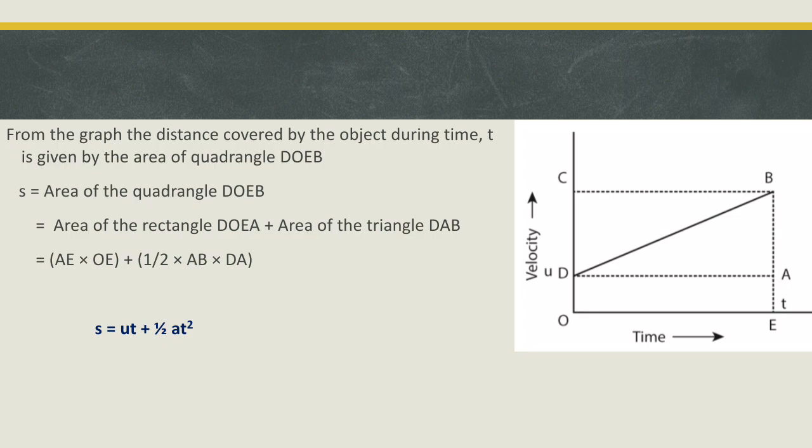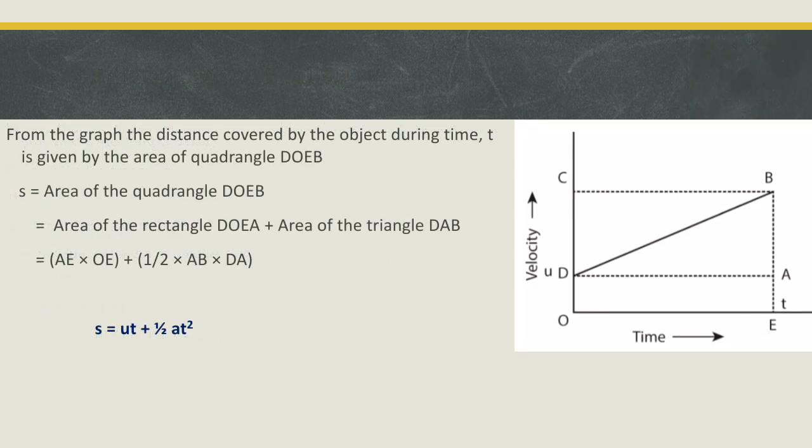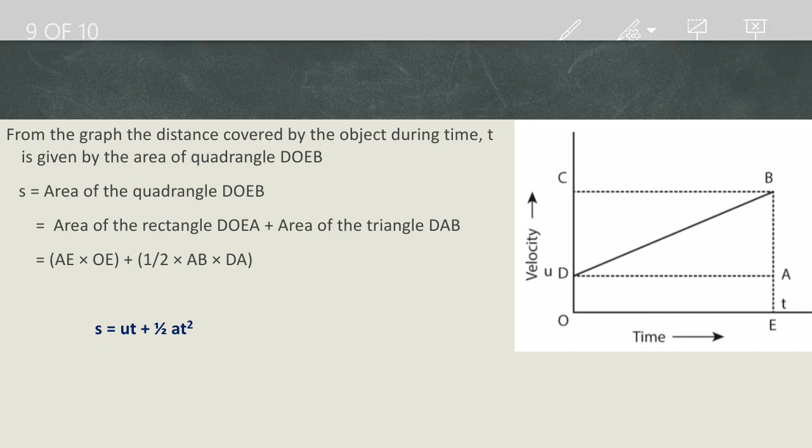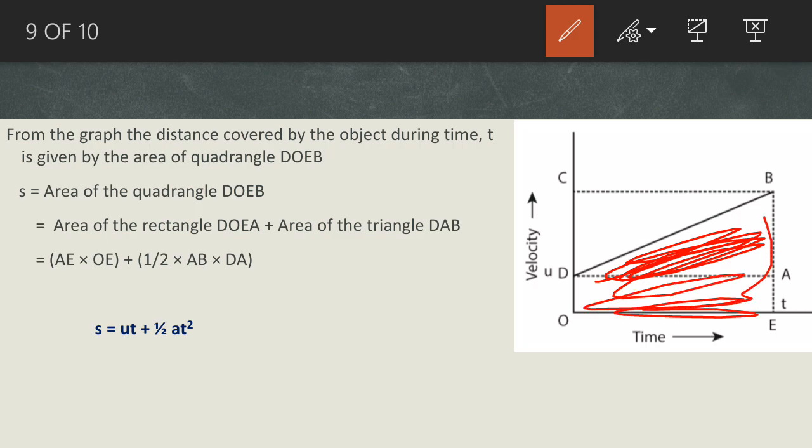So S is represented as displacement. The S in the time t, that is OE, is how much distance or displacement the object has covered. That is S is equal to the area under this line, this area.